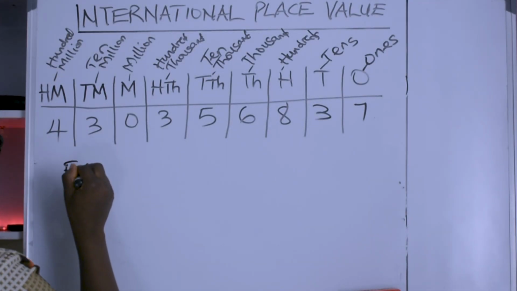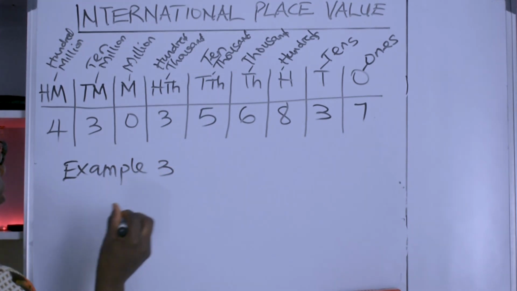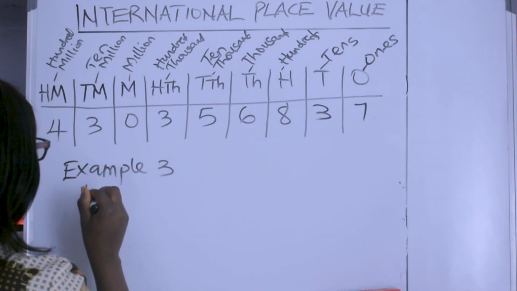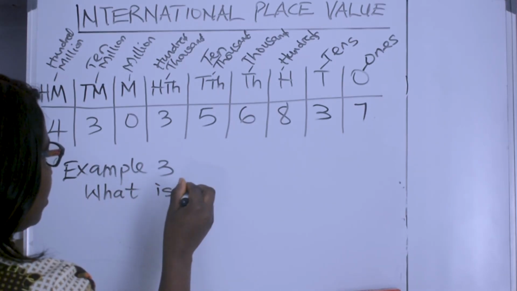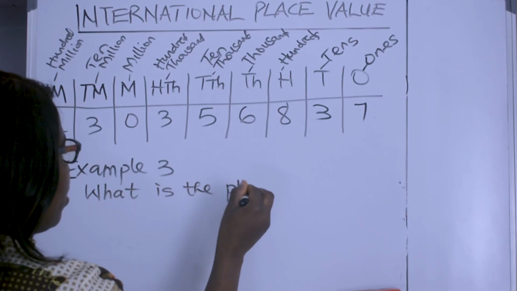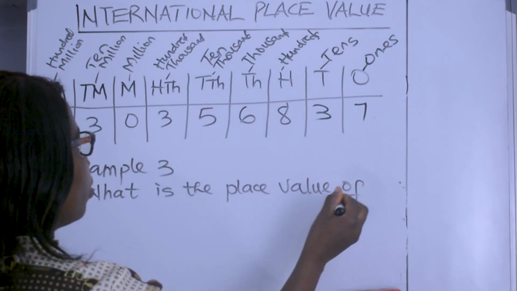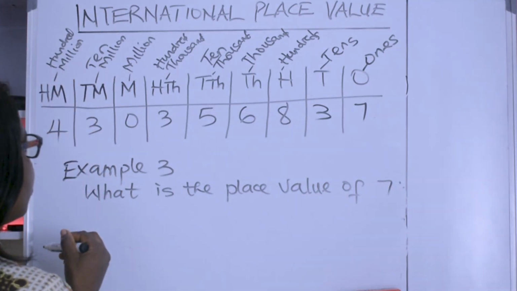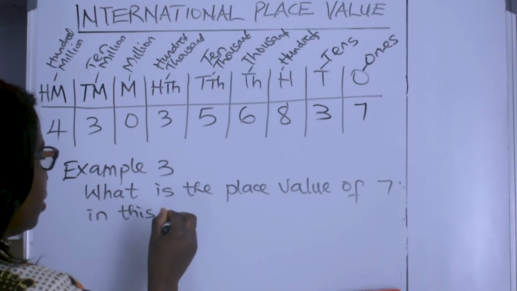The last example, example 3. What is the place value of 7 in this number?